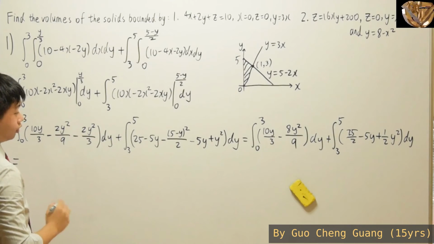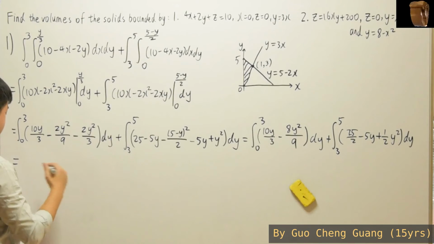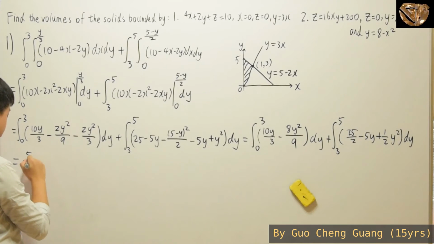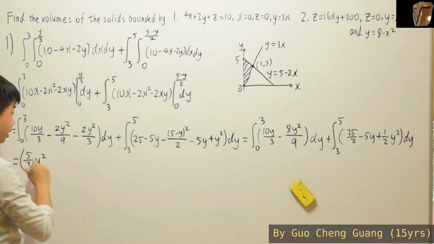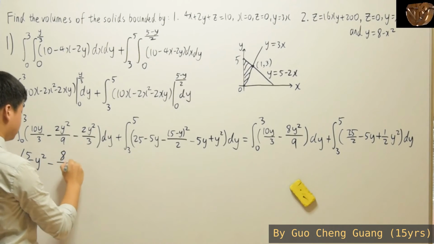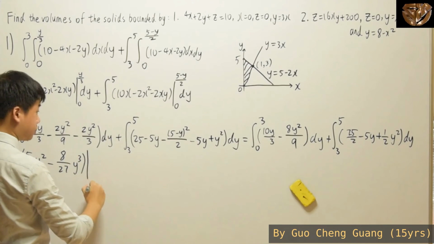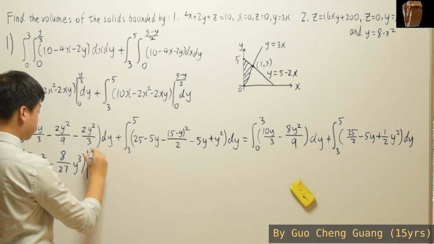And then for your integration, 10 over 3y will become 5 over 3y squared. And the next one will be 8 over 27y cubed. Then substituting the values of y from 0 to 3.